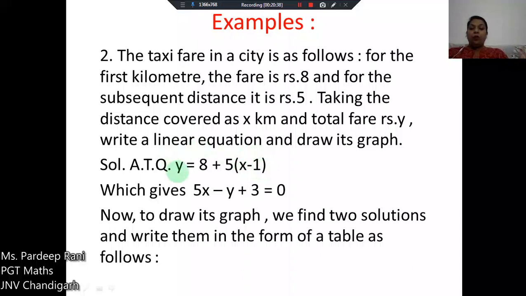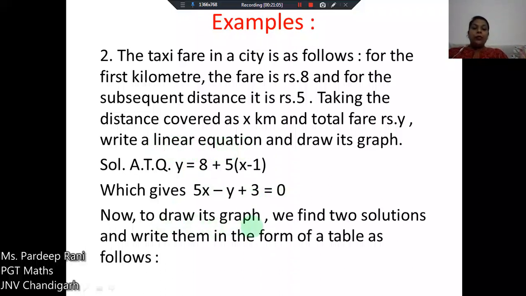Total fare is rupees y. So according to the question, you can write y is equal to 8 plus 5 times (x minus 1), which will give us on solving the equation 5x minus y plus 3 equal to 0. This is the required linear equation in two variables.